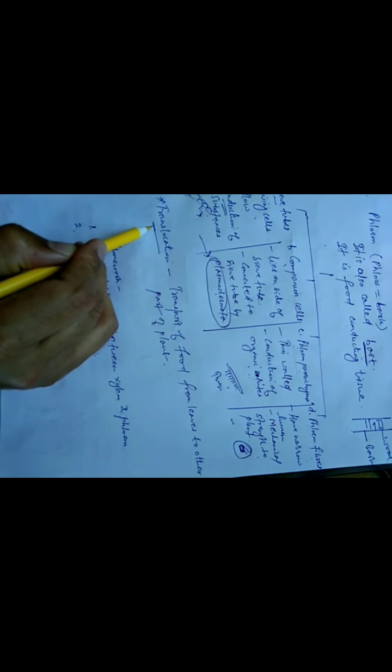Now students, one term is here, translocation. Once the process of manufacturing of food is over, one process occurs, translocation. Translocation means change in position.